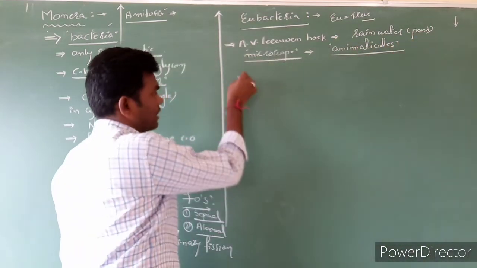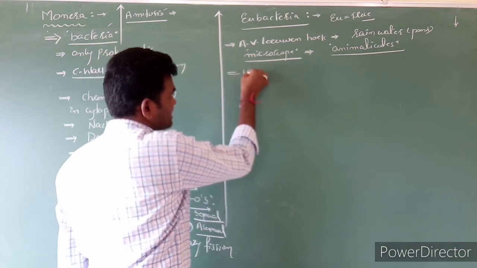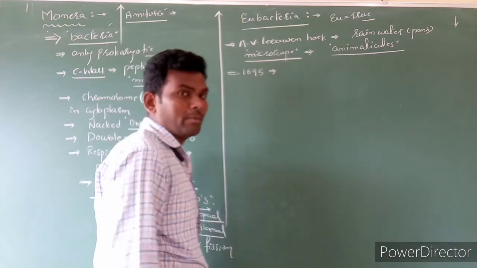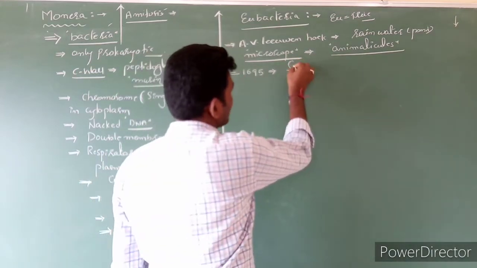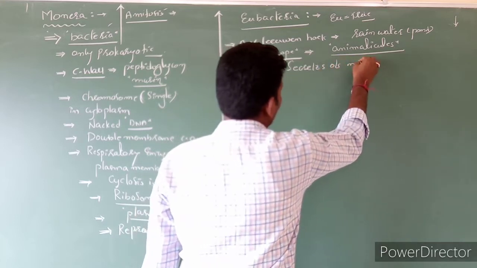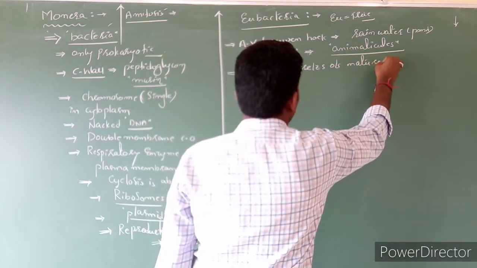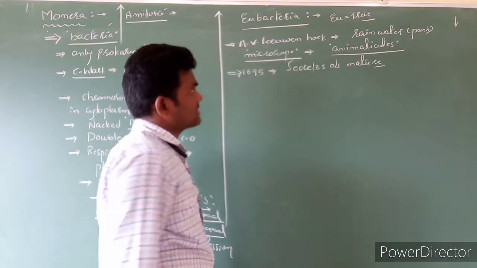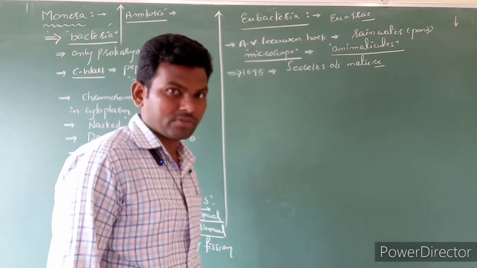He wrote a book and published it in 1695. The book's name is Secrets of Nature. In Secrets of Nature, he discussed animalcules.